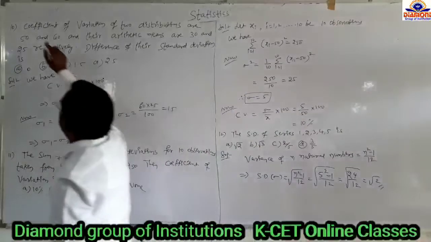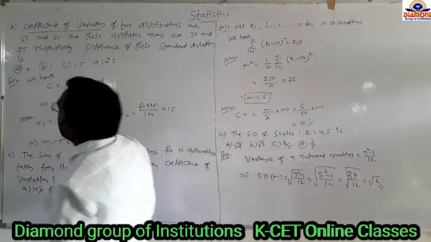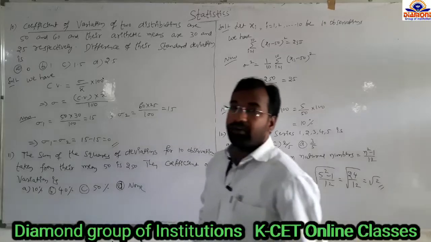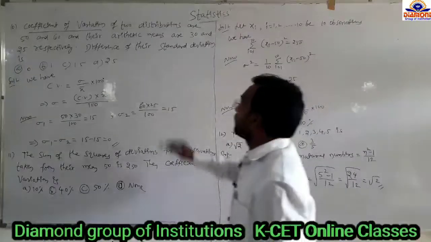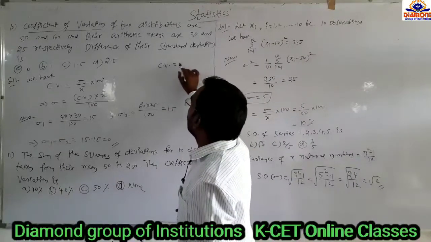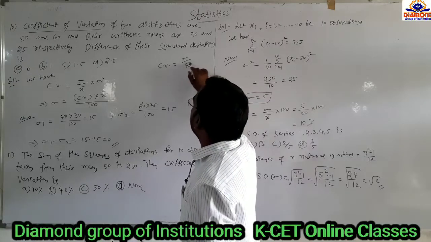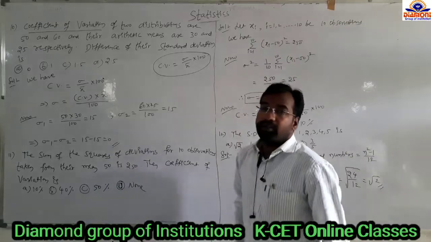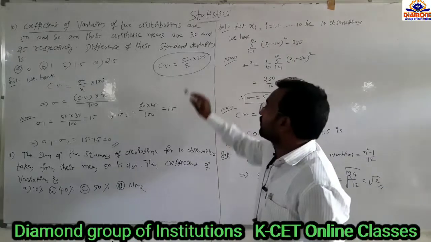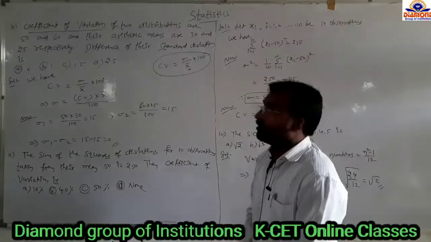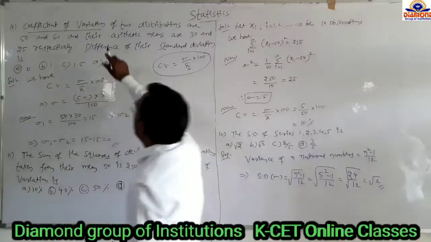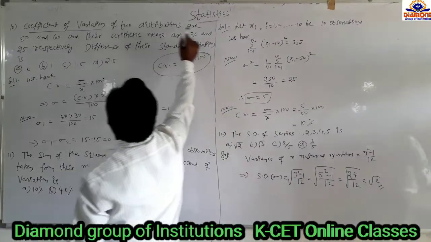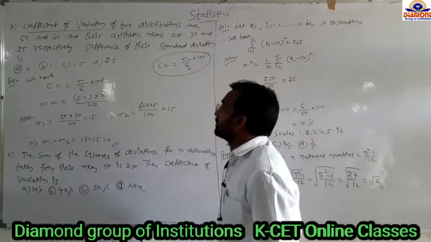Coefficient of variation, CV. How to calculate? CV equals sigma by x bar into 100. Sigma indicates standard deviation, x bar indicates mean. Here the coefficients of variation of two distributions are given as 50 and 60.